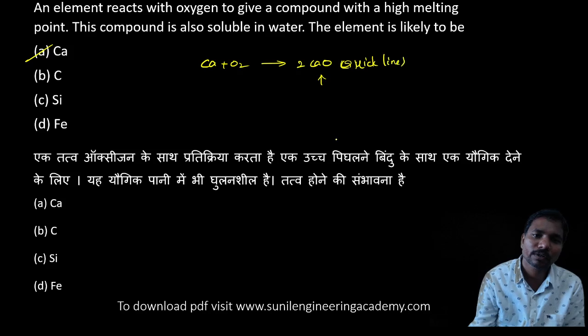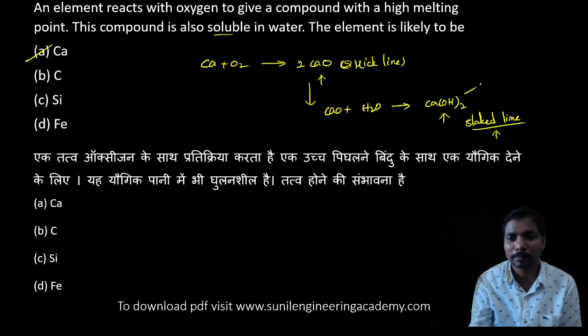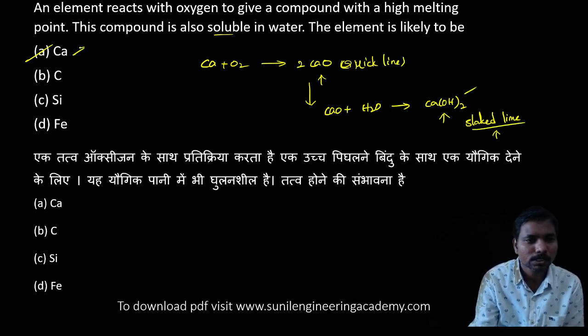Quicklime quickly reacts with water and dissolves. If you dissolve it in water, you will get calcium hydroxide, called slaked lime or milk of lime, which is used to make bleaching powder. So answer is option A.